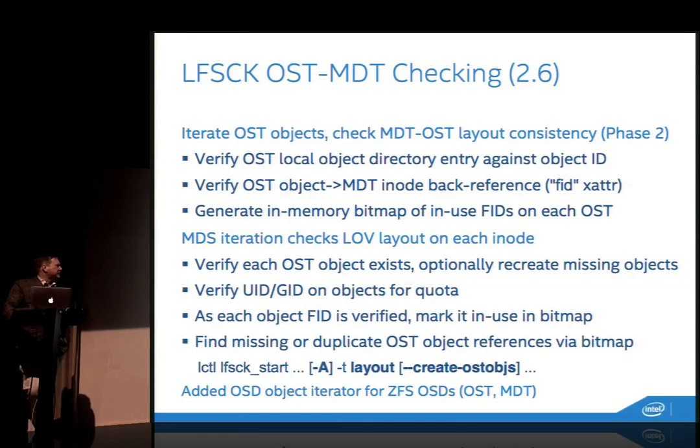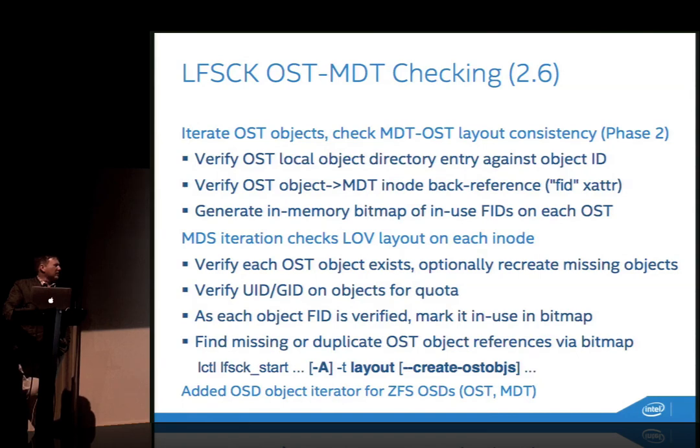And so in phase 2, on every inode that's being read, we look at the LOV EA and the layout, and we check every OST object. The MDT does an RPC over to the respective OSTs to verify that that object exists.